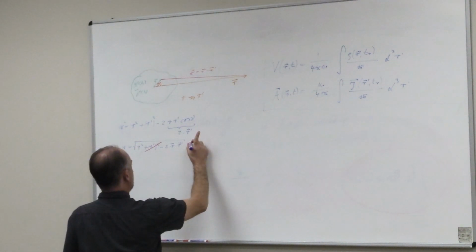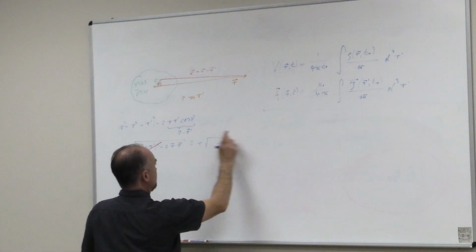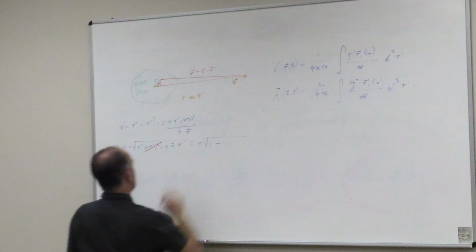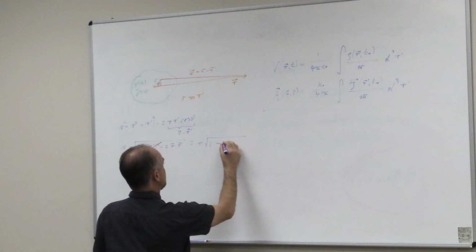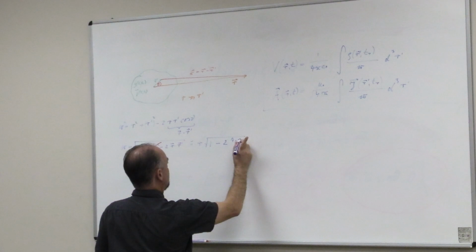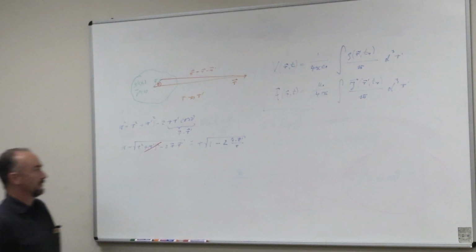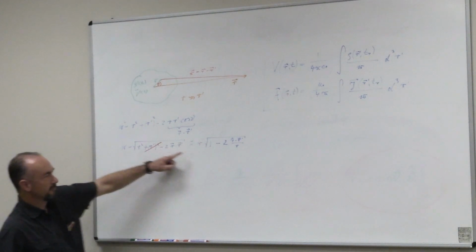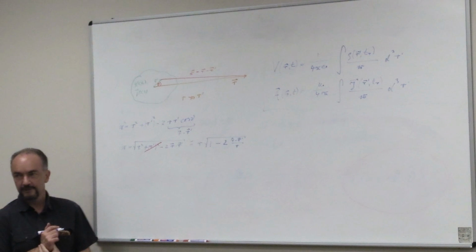So let's pull one r out of this here: square root of 1 minus, and we have to divide here by r squared, 2 r-hat dot r prime over r. So one r comes out, and inside the unit vector r-hat we divide by r.